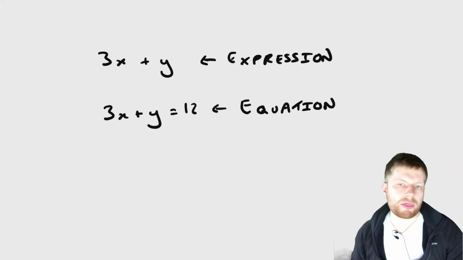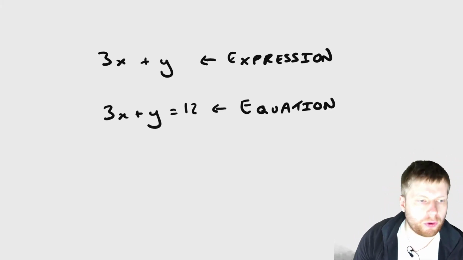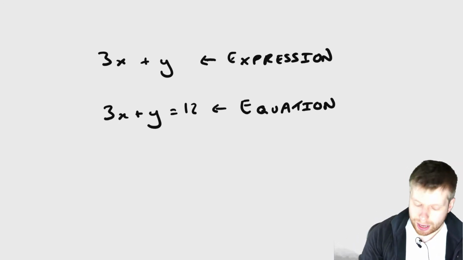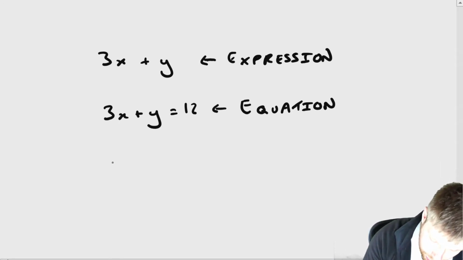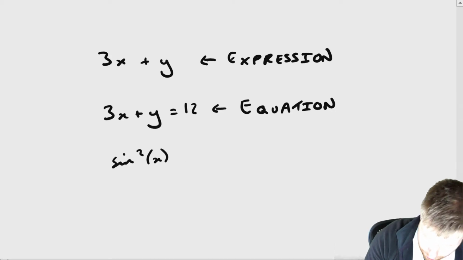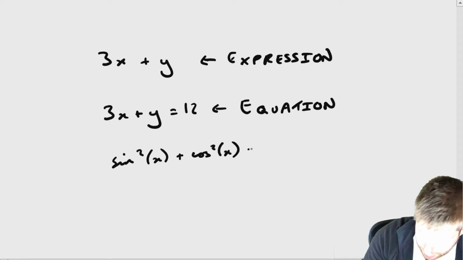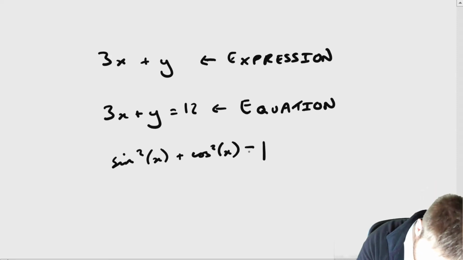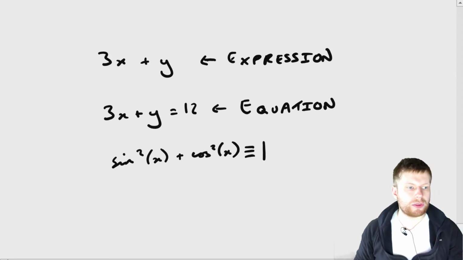Now, there is one other type of way of writing algebraic things, which is an identity. So if I write, for example, sine squared x plus cos squared x is identical to 1. Now you notice in this case we're using 3 lines instead of 2 for the equals.